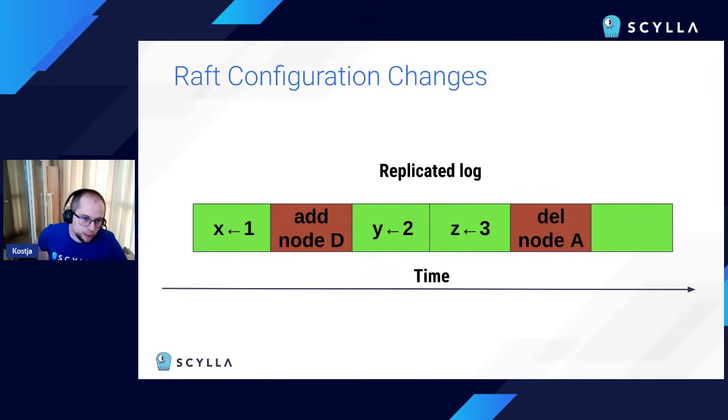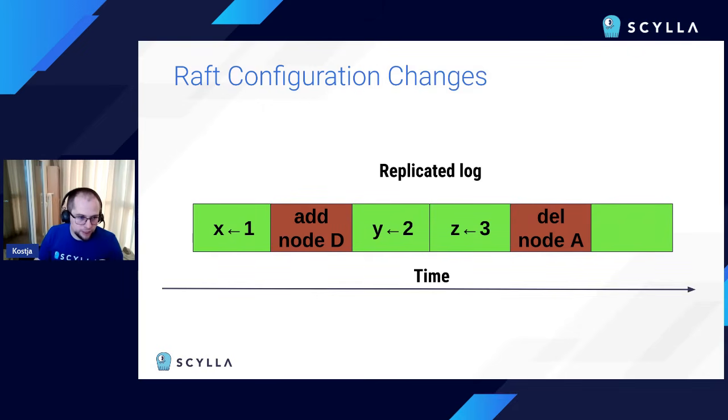That in Raft, one of the major reasons why we actually chose Raft was that the configuration of the cluster, what nodes are present in the cluster, is also part of the protocol. And the way it's done, Raft actually allows you to change the size of your quorum dynamically. You can add a node or remove a node to your cluster as part of normal Raft operation. This information is committed to the Raft log.